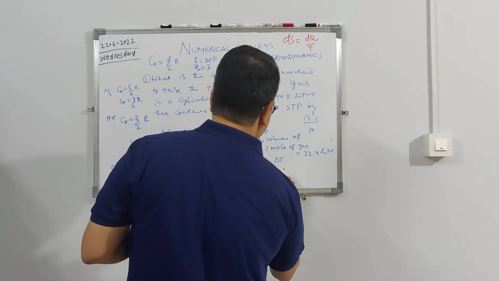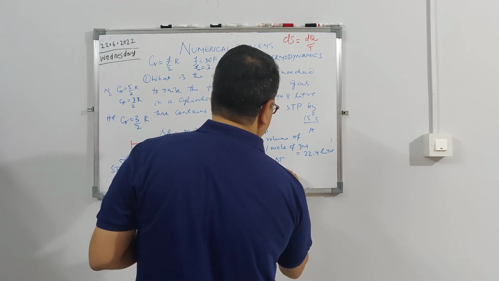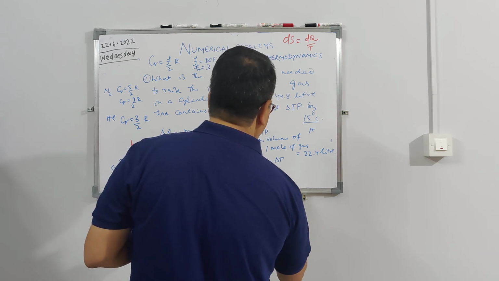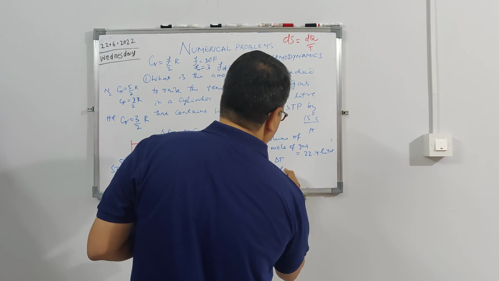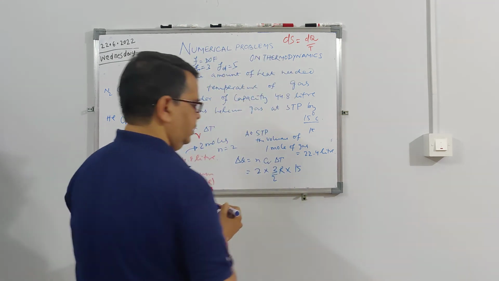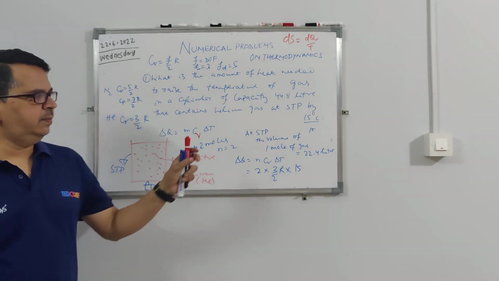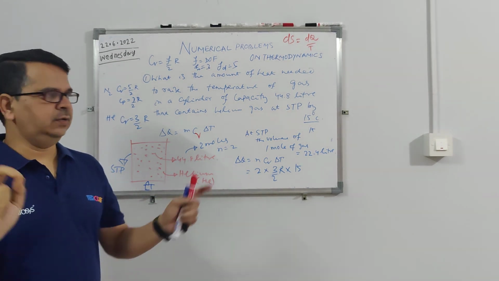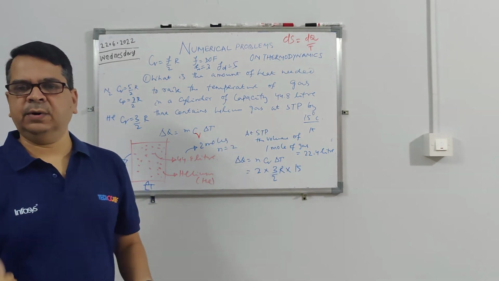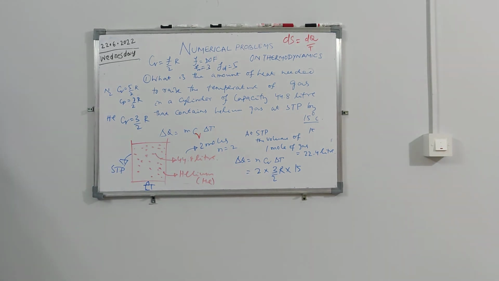So Cv is 3 by 2 R, into 15. You should take delta T in Kelvin, but because it is delta T, it does not matter. You will just add 273 before and after, and you will get it.